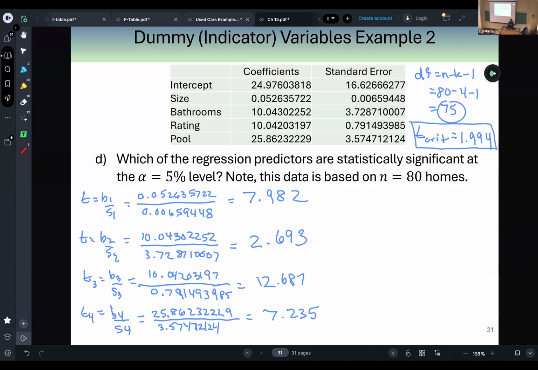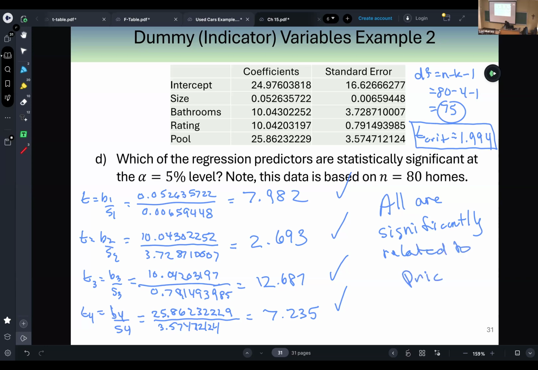I would say they are all in, right? They're all greater than 1.994, right? So this one's statistically significant, all of them, all four. Right, they're all significantly related to price.